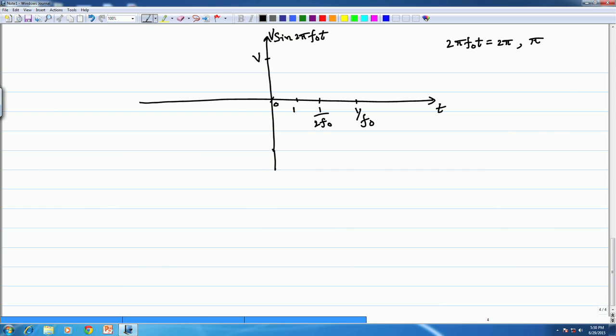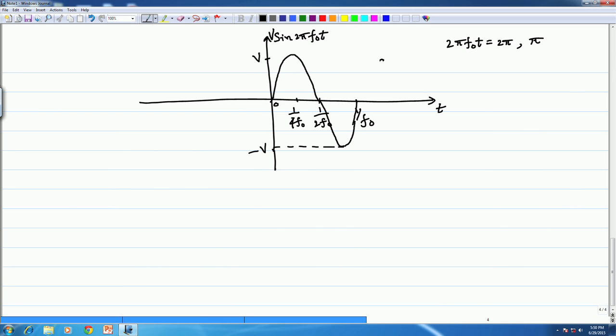And then 1 by 4 f naught corresponds to 2 pi f naught t equals pi by 2, and we know from the property of the sine function, sine is going to increase to v and then fall down to 0 at pi, and then do the exact same thing on the other side. Okay. And this is going to be minus v, and that is how the plot for sin 2 pi f naught t versus t looks.